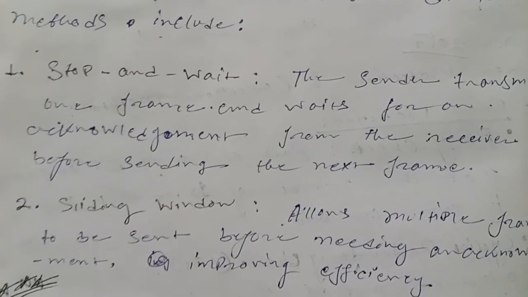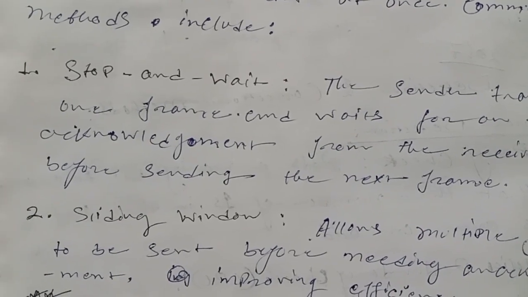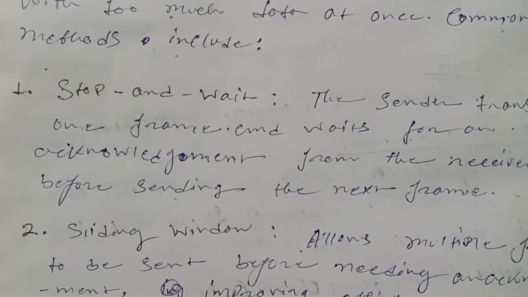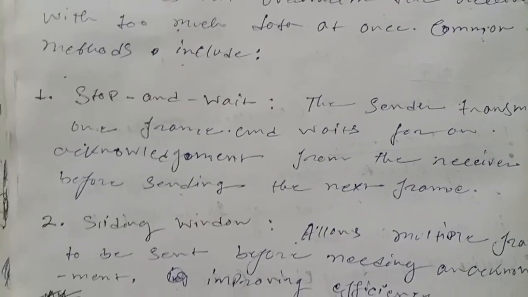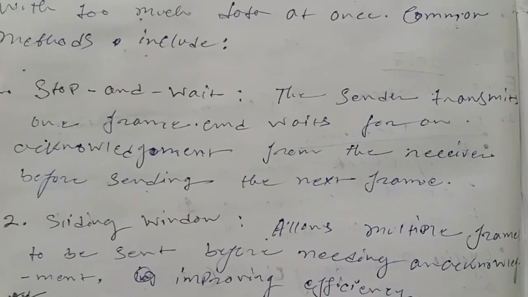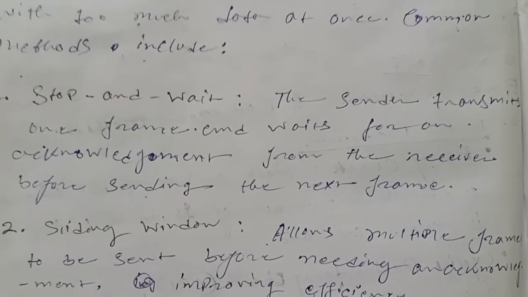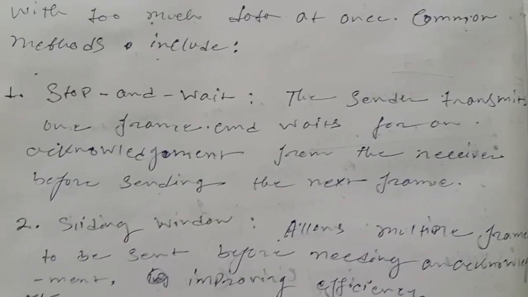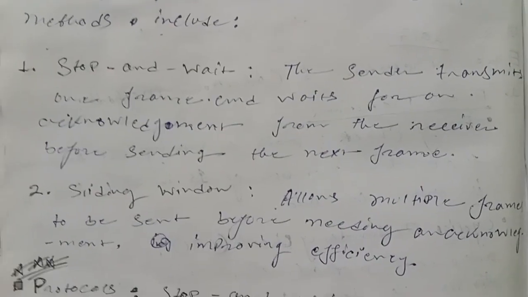An acknowledgement is like a verification, like when we register on some websites and a verification email is provided to us. So sender A is waiting for an acknowledgement so that he will be ensured that sender B has totally received the frame.